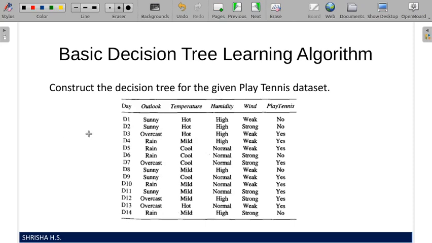Observe here: whenever it is sunny and high, it is negative. Sunny and high, negative. Sunny, normal, positive.